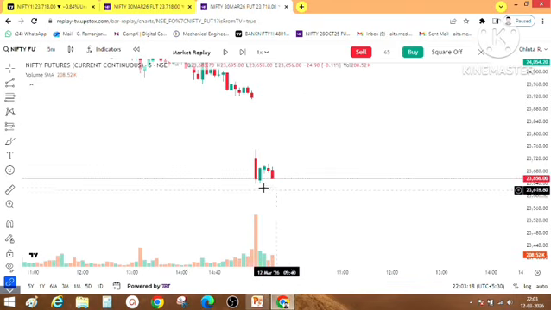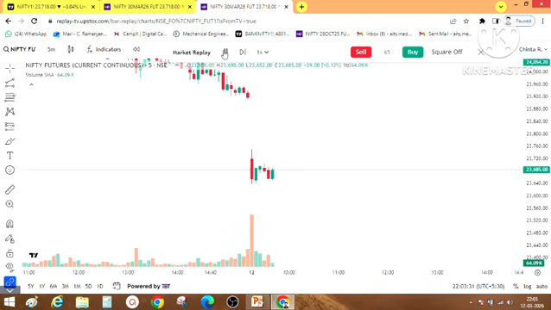Okay, here 11th is completed, 12th has been started, 9:15, 9:20, 25, 30, 35. Now 35 candle is going on, and we need to see one more candle, that is 9:40 candle. This is 9:40 candle. Now we are going to place bottom and high.